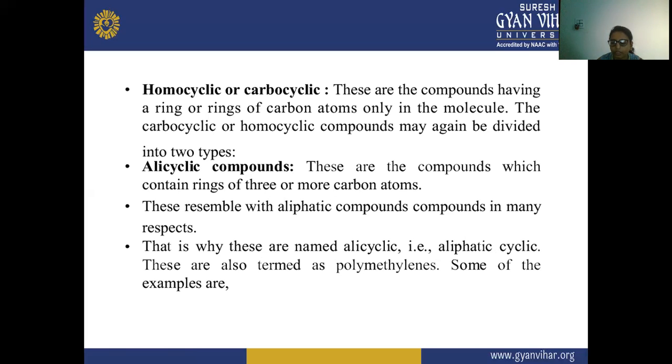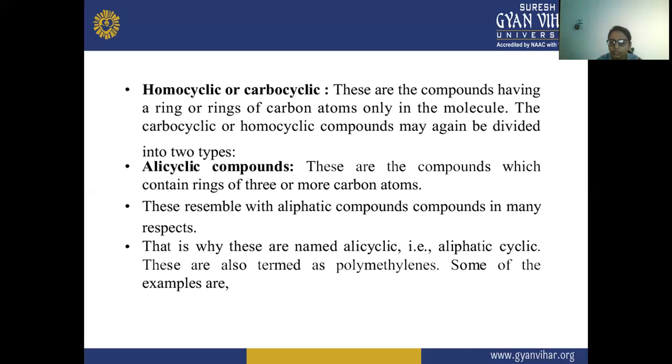So homocyclic compounds are those having rings of carbon atoms only in the molecule. They show the structure of a ring, like cyclobutane, where carbons are connected with each other, like CH2 bonded with CH2, and both are connected to the third CH2.